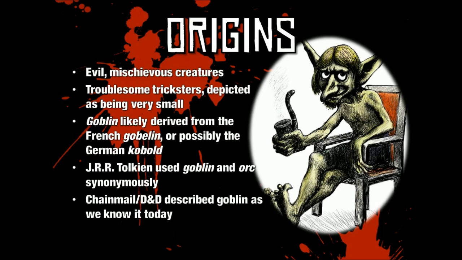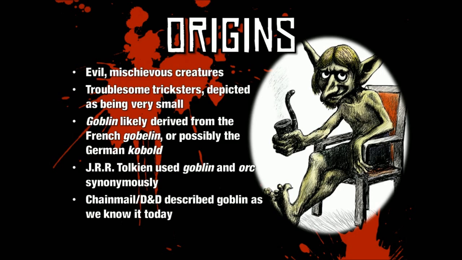In the Lord of the Rings books, J.R.R. Tolkien used goblin and orc sort of synonymously, but eventually goblin sort of came to mean a smaller orc. And it's interesting to note that in games like Warhammer, goblins are sort of smaller orcs, but in D&D and many popular things, goblins and orcs are actually completely separate things.